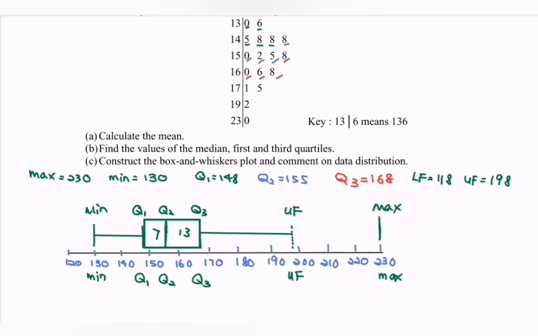So from here, notice that we have the left hand side and also the right hand side of the box. So the right hand side is bigger than the left hand side, so we can say the situation skew to the right, or we can say it positively. Then the outliers, which is equals to 230 only.